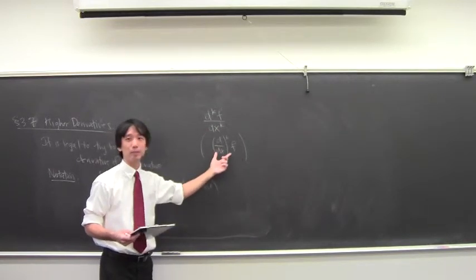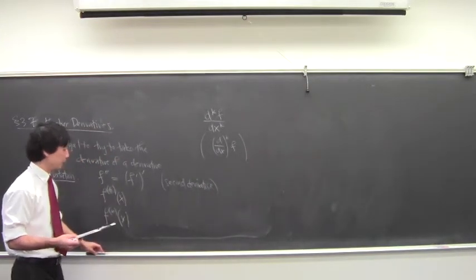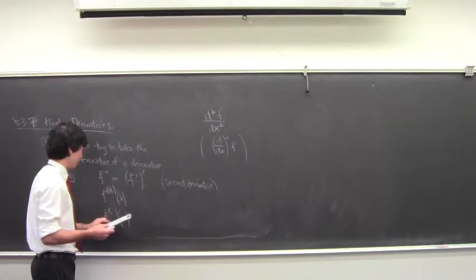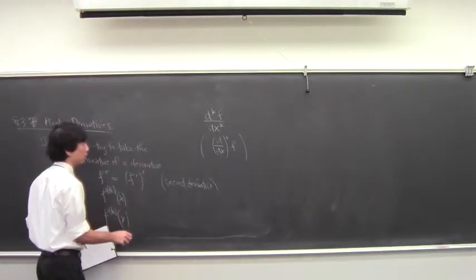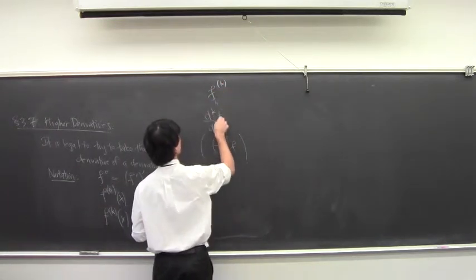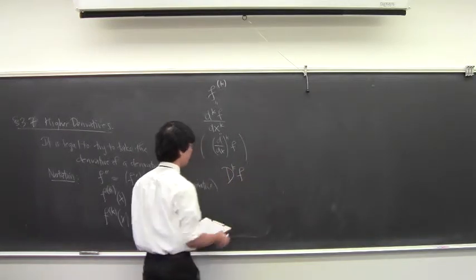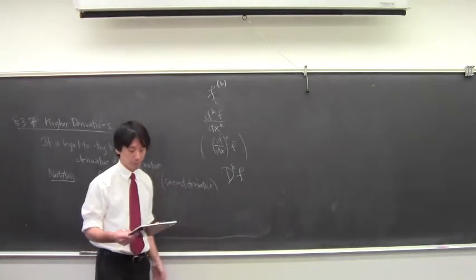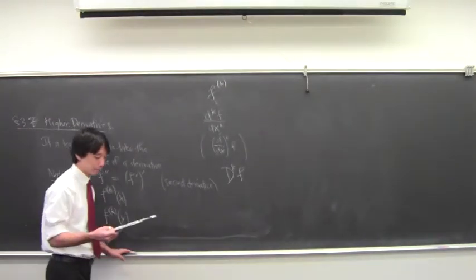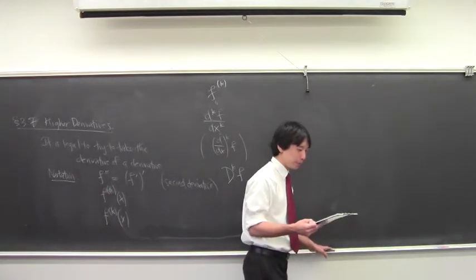But it just means this. Okay? All these things mean the same thing: take the kth derivative. Sometimes people use a big D, D^k. All these things are just notation for taking the derivative k times. Okay, and that's basically it.